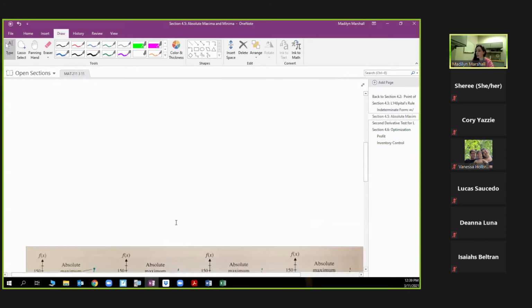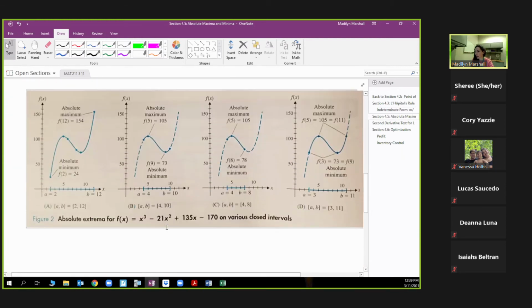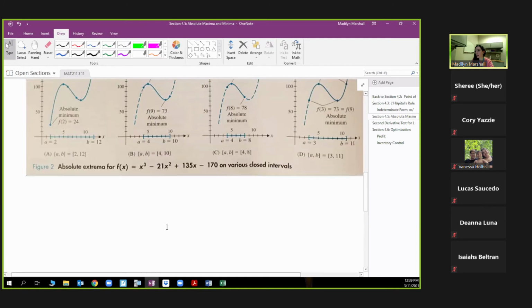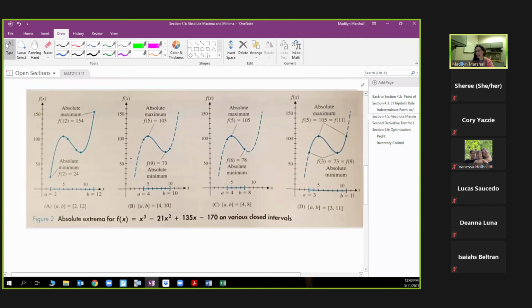And this is a picture in the book. You also don't have to have this necessarily, but it's a fact that if we have a closed interval, so we have set endpoints instead of ends that go off, there will always be some absolute maximum and some absolute minimum.